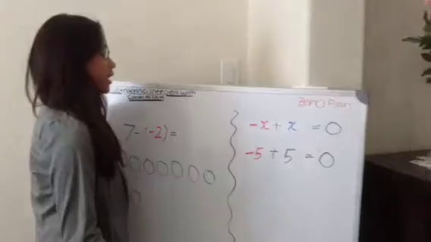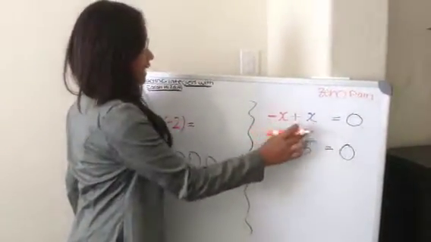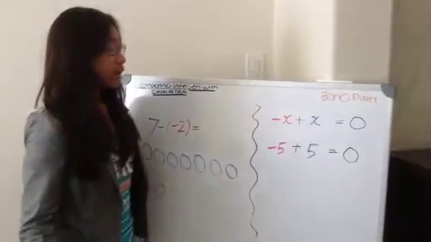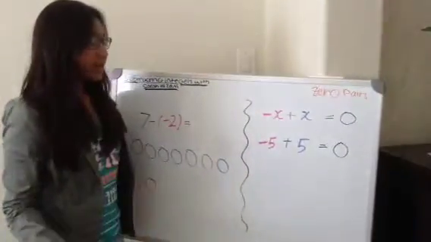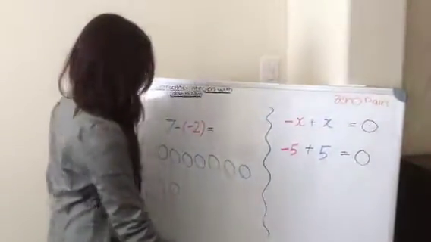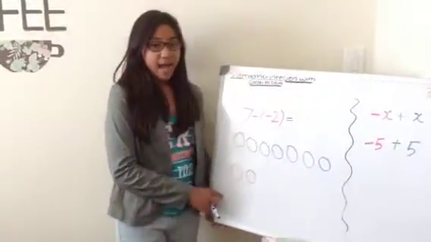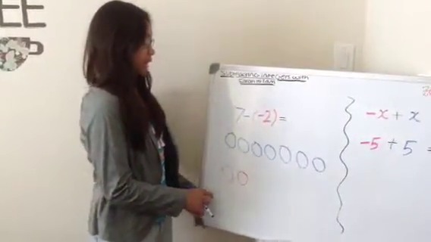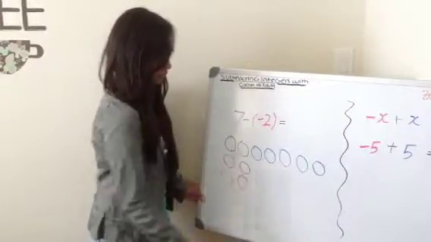Zero pairs is when a negative and the same positive number add up together and equal 0, like negative 5 plus 5 equals 0. So here, what we need to do is to add 2 positive counters. 1, 2.